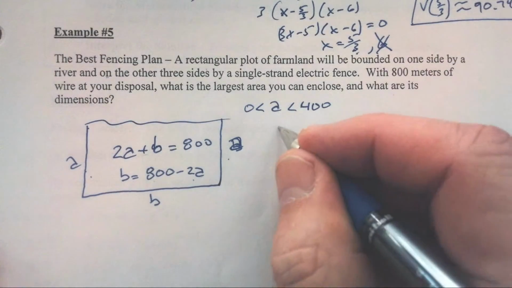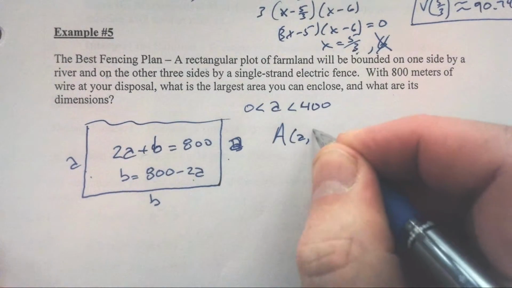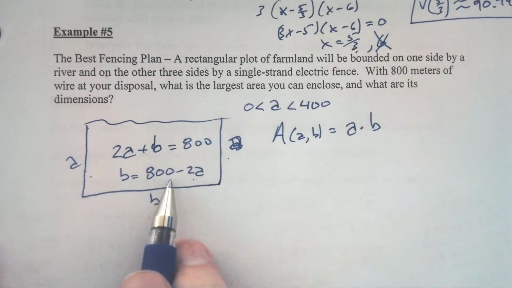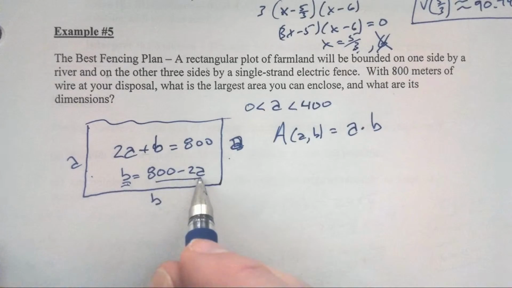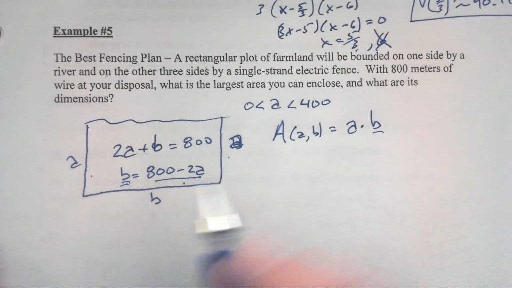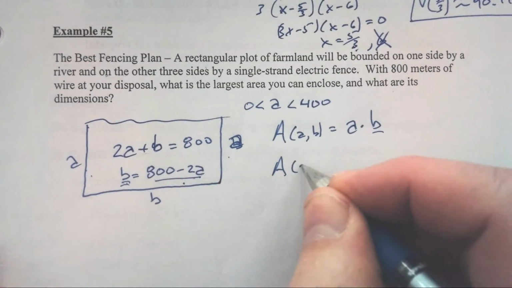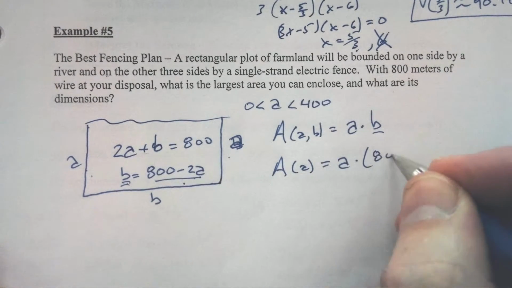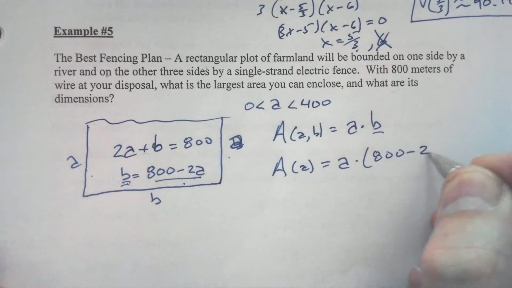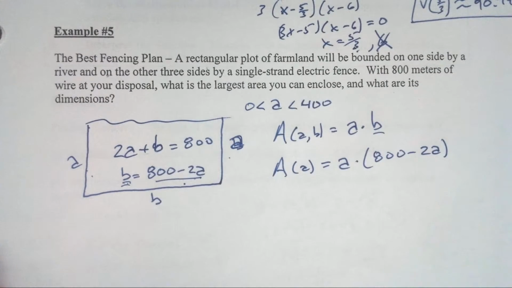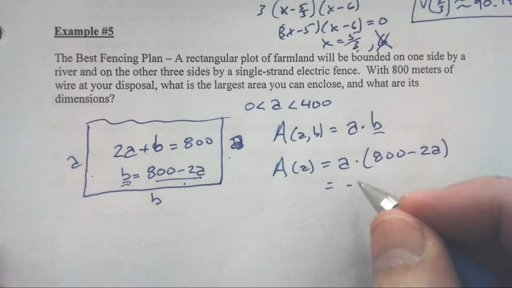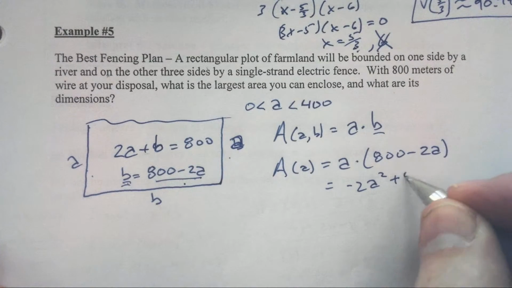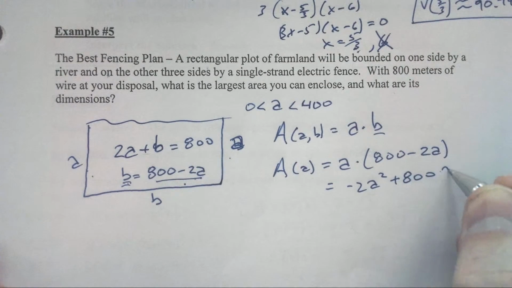Well, our area in terms of A and B is just A times B. But since B is equal to this, B can be replaced by that, and I get area based just on length A is A times 800 minus 2A, or negative 2A squared plus 800A.